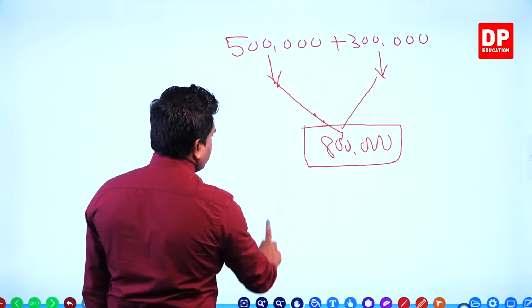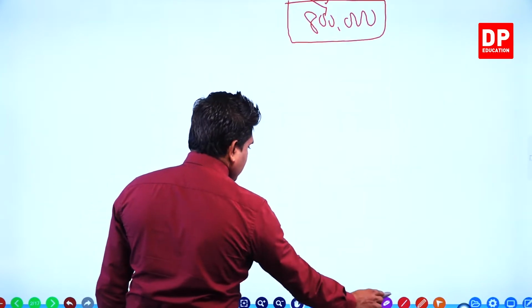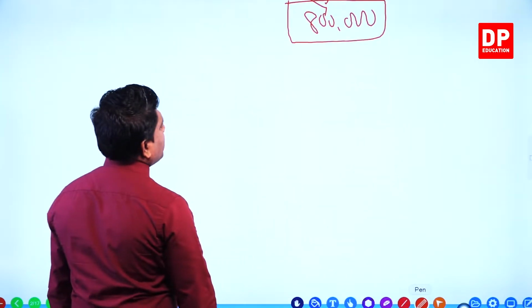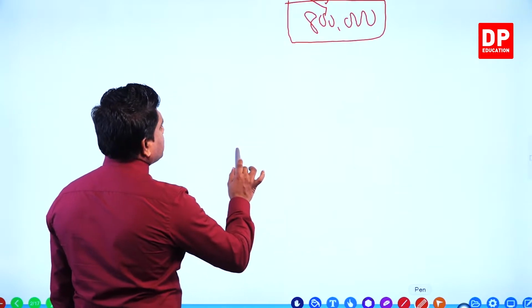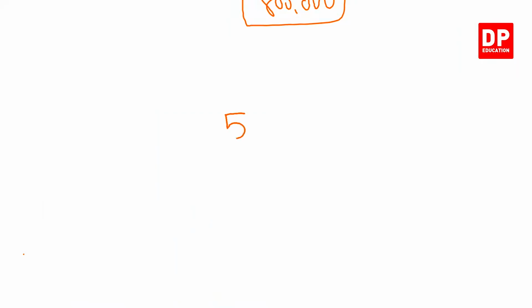You want to calculate the depreciable value. Then here, how much is the depreciable value? 800,000, no, 500,000. 500,000 into 10%. Then how much? The same value, no? 50,000.